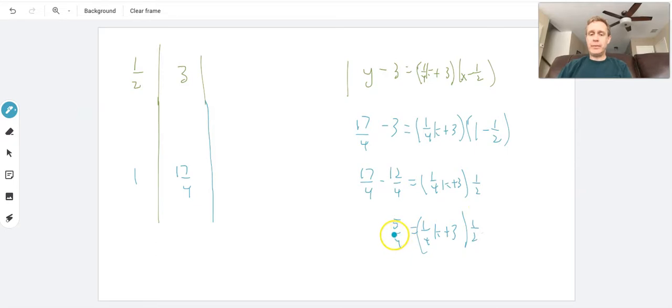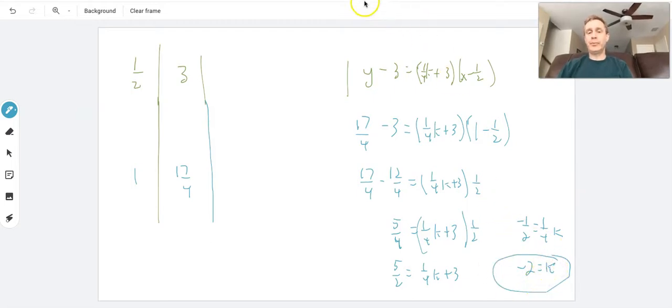We could now multiply both sides by 2, and we would get 5/2 equaling 1/4 k plus 3. Then if we subtract 3 from both sides, we would get negative 1/2 equals 1/4 k. And then if we multiply both sides by 4, we would get that k is equal to negative 2.